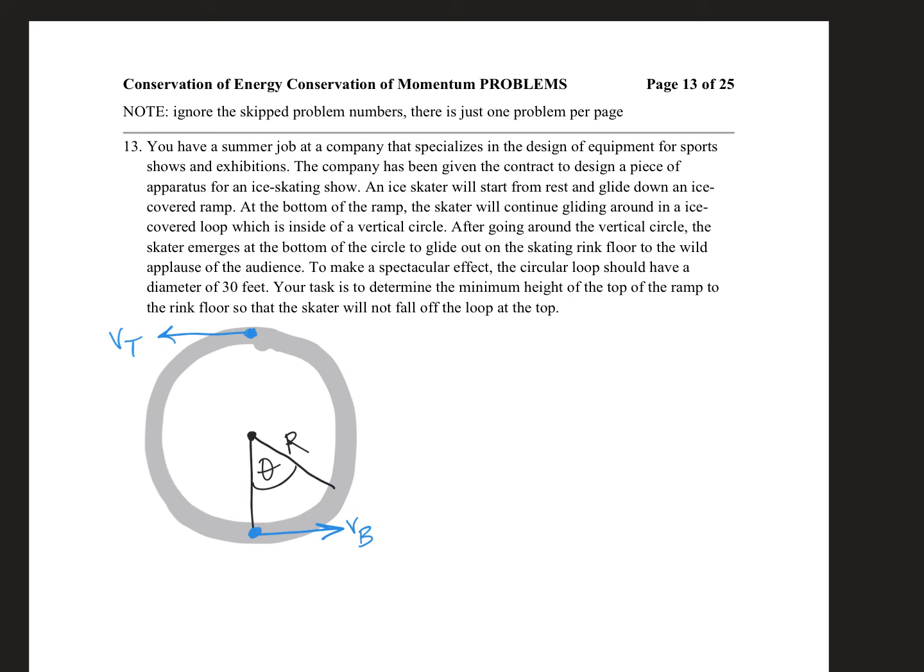And then at all points in between, there's going to be some other velocity tangent to the circular path, which will decrease because it's not like she's on a motorcycle. Gravity's going to start working on that speed. So VB is going to be bigger than VT, and VB is going to be bigger than all the speeds between it and VT. Okay, we just want VT to stay large enough after gravity takes a chunk out of it. So this is what we're after.